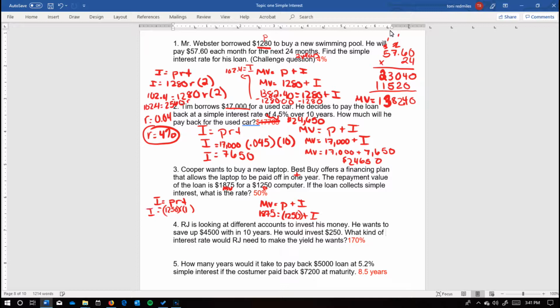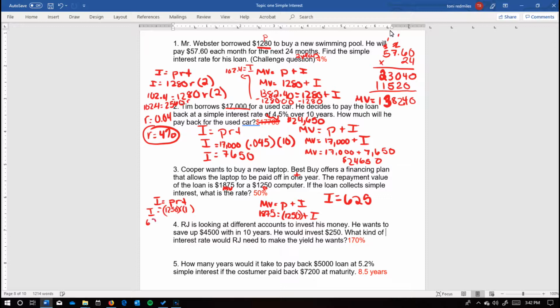So I can see that I have an unknown of I and R in this one and just I in this one. So I'm going to have to do this one. Opposite operation, the 1,250 is being added to I, so I have to subtract it from both sides. So let's go ahead and do that. And I get I equals 625. So that's how much interest we're going to pay on the loan.